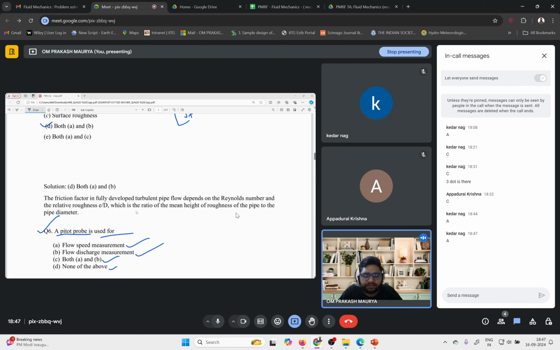Using the pitot tube, we directly measure the pressure, but after getting the pressure, we can calculate something. Okay, flow speed.